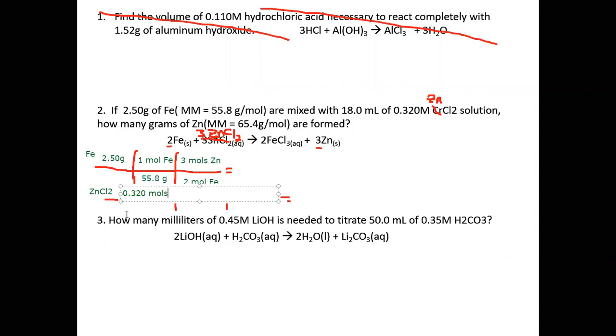And since it's molarity, it's moles per liter. Now the first thing we need to do is convert the moles per liter to moles, and we know that there's 18 milliliters. So we convert 18 milliliters to liters.